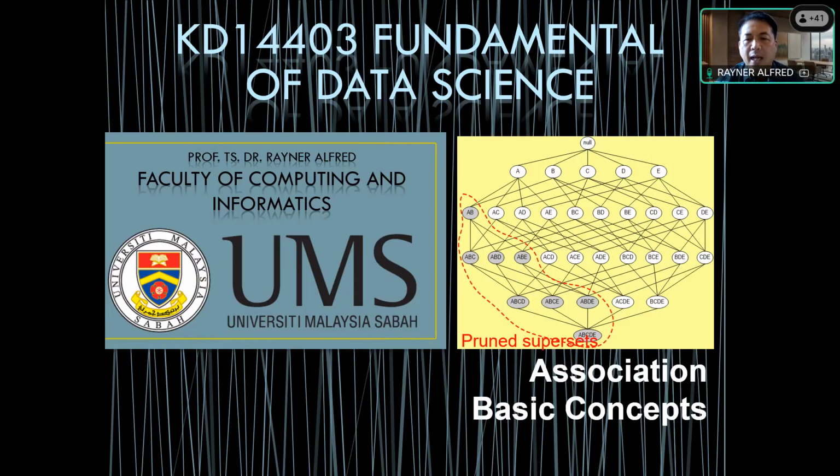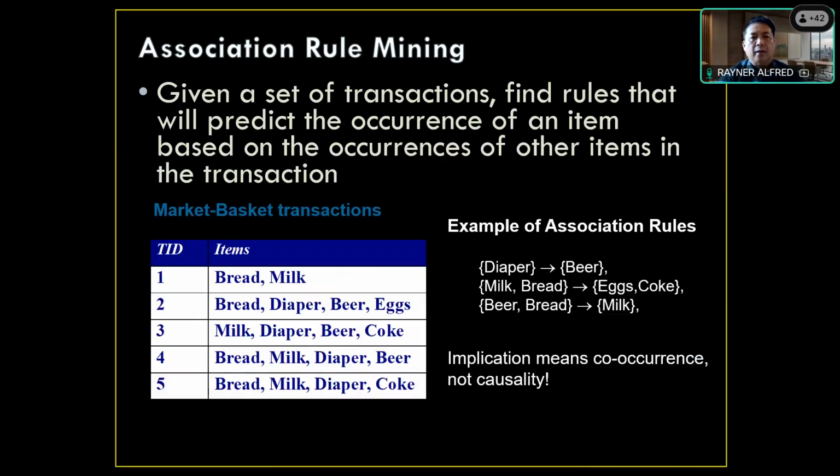Okay, so what is this association rules or basic concept? So we look into this. Like I mentioned just now, this is normally used in trying to find pattern in supermarket purchasing behavior. So given a set of transaction, they will find rules that will predict the occurrence of an item based on the occurrence of other item.